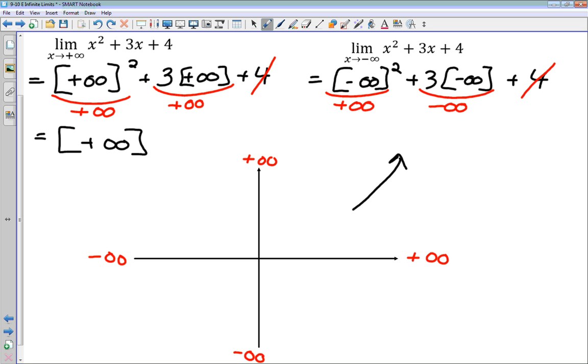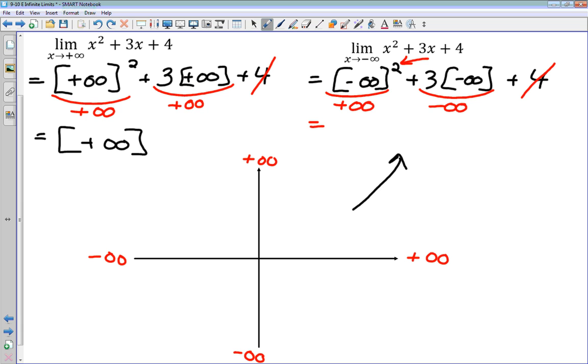Well, which one are we going to believe? The answer is that we believe the one that has the higher power, because it's going to change a lot more quickly than the one with the lower power. Infinity squared is going to get to infinity faster than just straight infinity. Okay? So we always look at what the larger exponent is telling us.